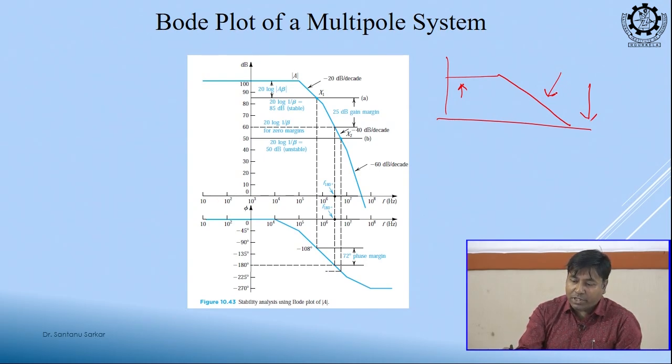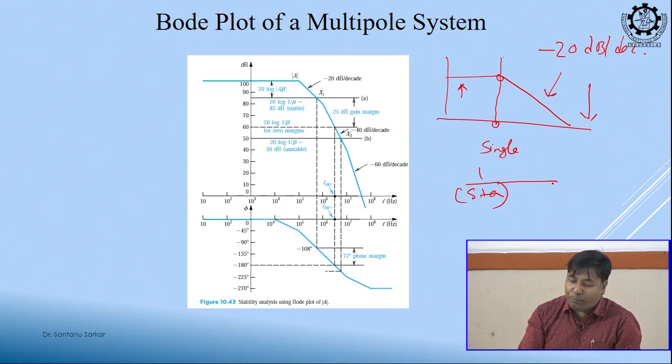And what is the slope of this roll off? Minus 20 dB per decade. Where is the pole position? This is our corner frequency, this is my pole position. Is this a single pole or a double pole? This is a single pole, which means I have an expression like this.